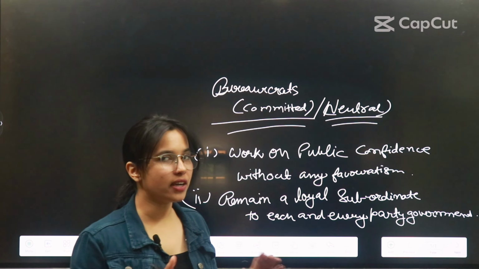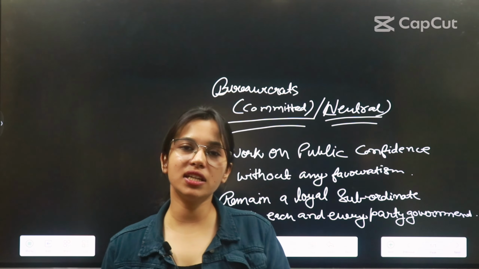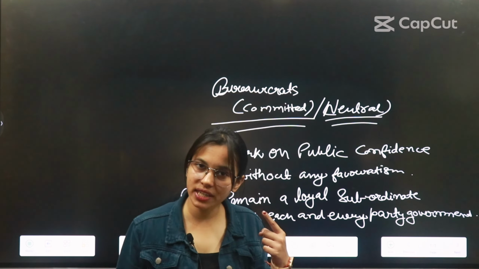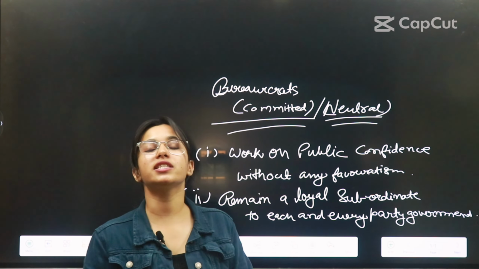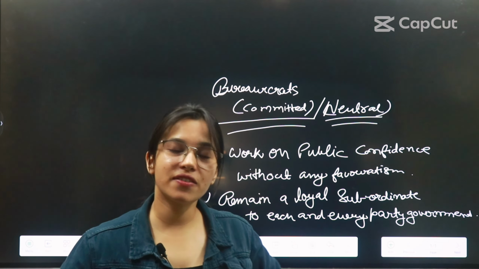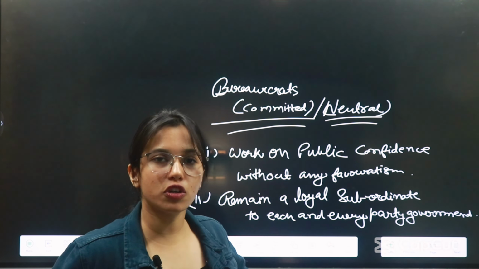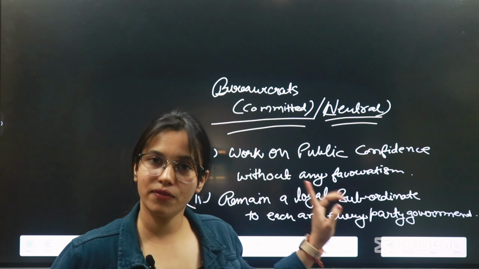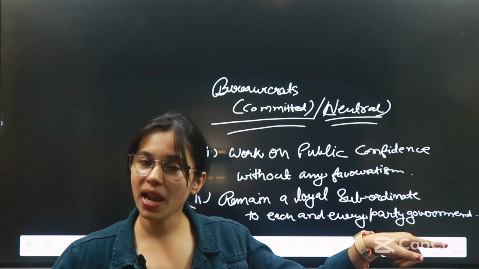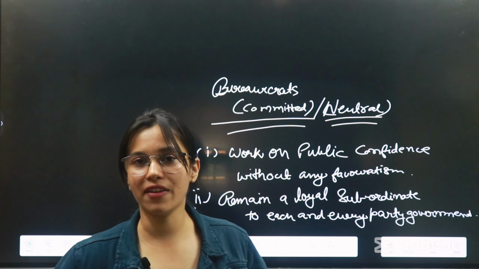That is, whether the state government is formed by their favorite political party or not, whether the central government is formed by their favorite political party or not, they should remain loyal and they should work for their welfare and for their plans and development goals' efficacy. Okay.